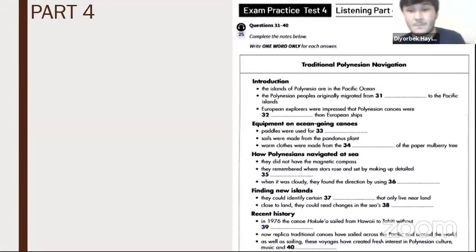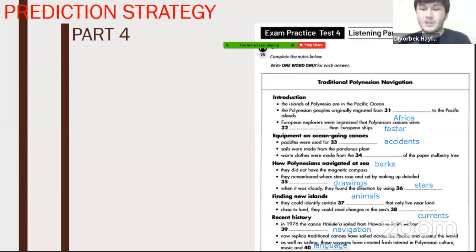So this is something that I recommend in terms of improving your academic skills, because I think listening is the only section where you don't need really extensive academic skills.